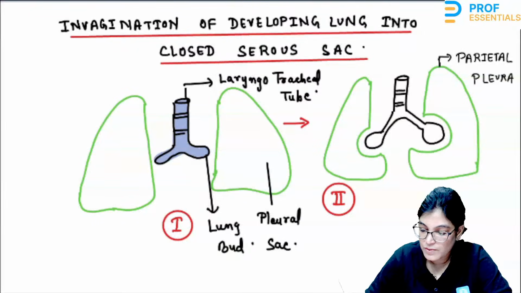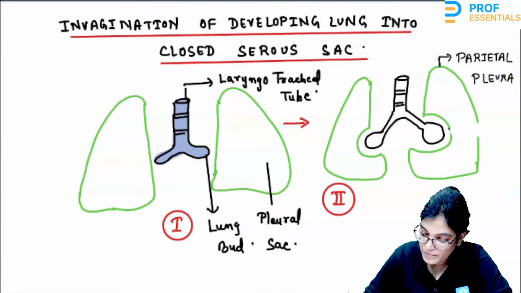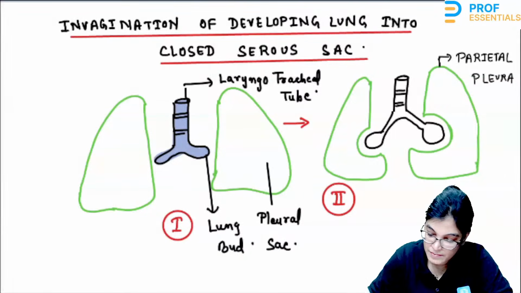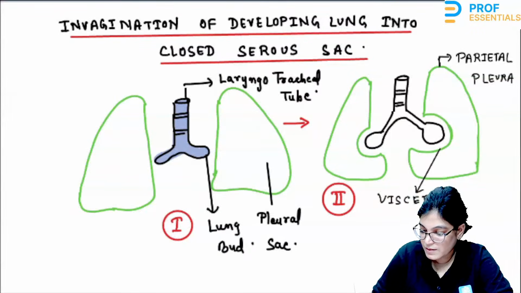And this will be the visceral pleura, which is on the lung surface. This part is the visceral pleura.